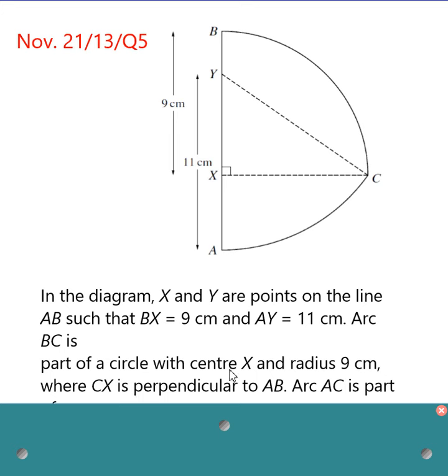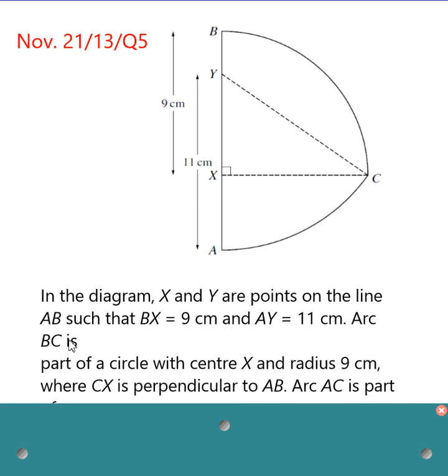BC is part of a circle with center X. Now, this is important information. This is the center of the circle with radius 9. It means if this is the center of the circle and this is your radius, this is also your radius because this is your quadrant. If you look at X, B, C, BC is a part of the circle.